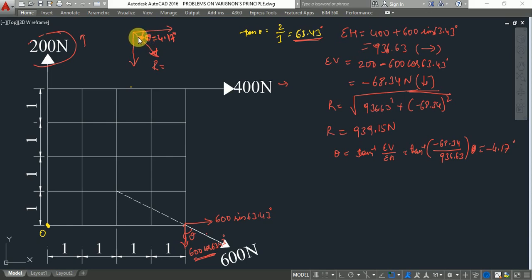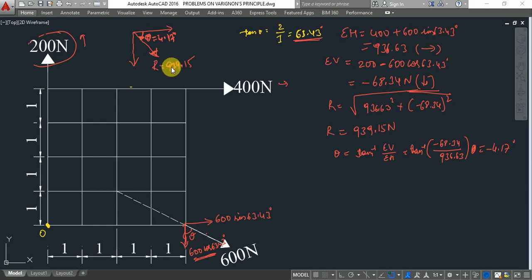So now let me draw this resultant. What is the magnitude of resultant? Magnitude of resultant is 939.15. So this is the value of a resultant, 939.15.